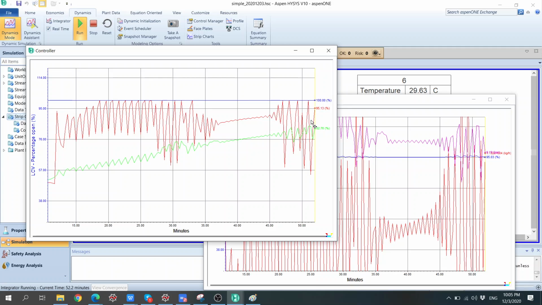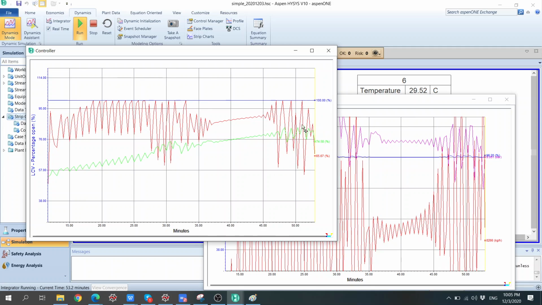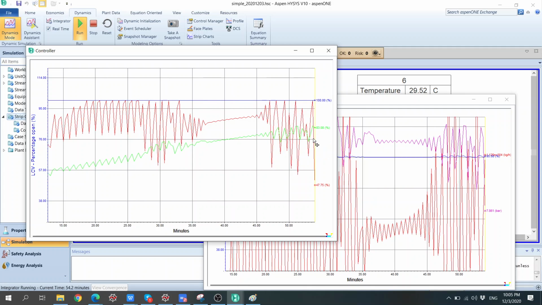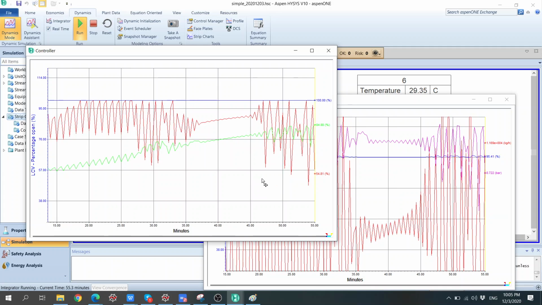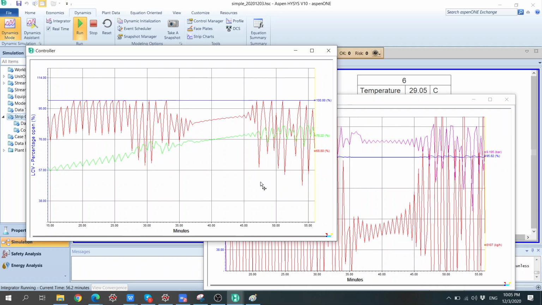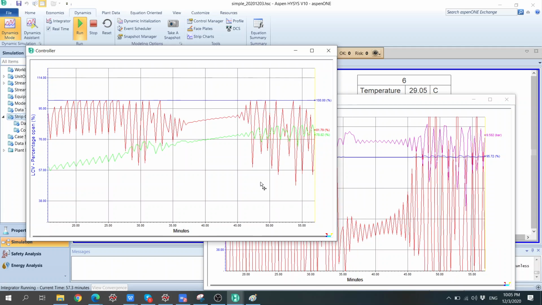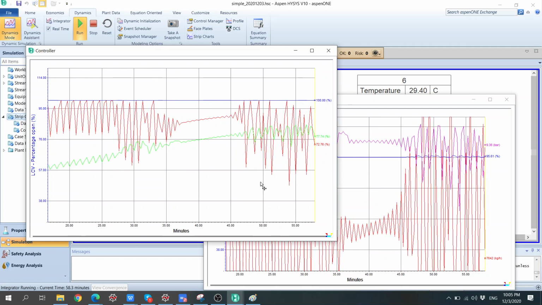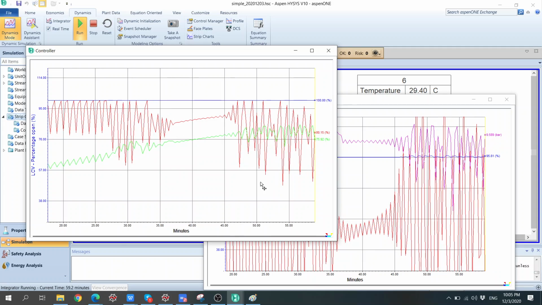I think you understand. If you can see this behavior, it may crash the simulation, but it's just to give you an idea. Either the controller is too aggressive, meaning we either make the KC too high or the tau I too small, or the valve is too big. Okay, so these two situations.